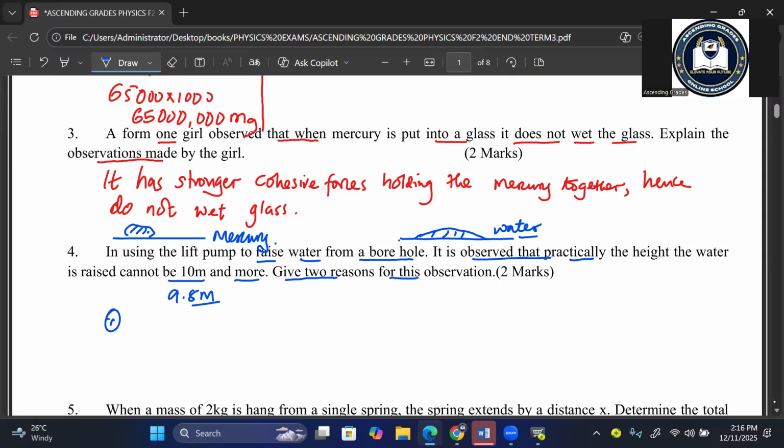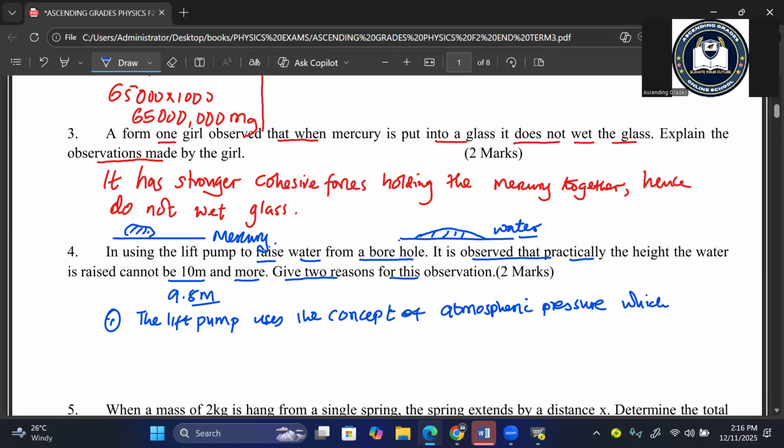Number one, the lift pump uses the concept of atmospheric pressure, which supports only about 10 meters of water column.